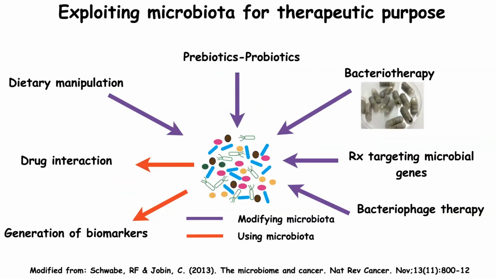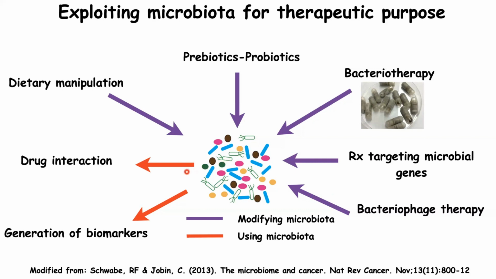And this is the last slide, but the idea is that by identification of bacteria that may be associated with cancer development, one could, using the purple arrow here, manipulate the diet to change this microbiome, pre and probiotics. Bacterial therapy would be fecal microbiome transplant, design drugs that target microbial genes, or even design bacteriophage that specifically take out bacteria that may be deleterious to a patient.